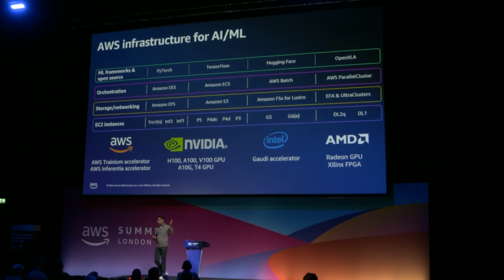And the layer above that is orchestration, right? So now you have all the storage, you have all this compute, you have all this networking. How do you make all of this work together? You could use one of our managed services like EKS or ECS. EKS is Elastic Kubernetes Service, a managed Kubernetes service on AWS. Or you could use ECS, which is Elastic Container Service, our opinionated way of running containers on AWS.